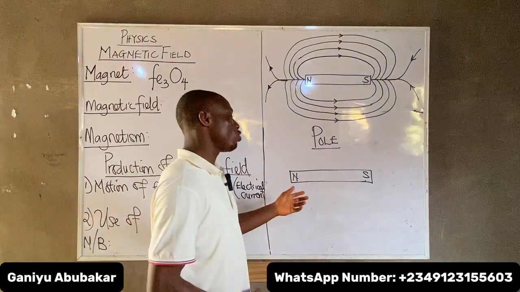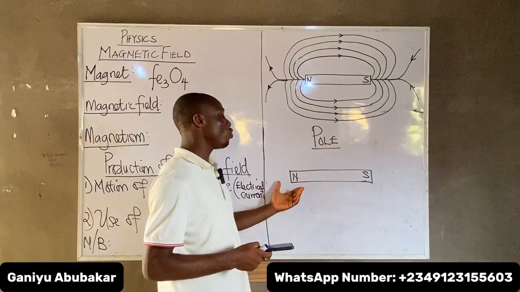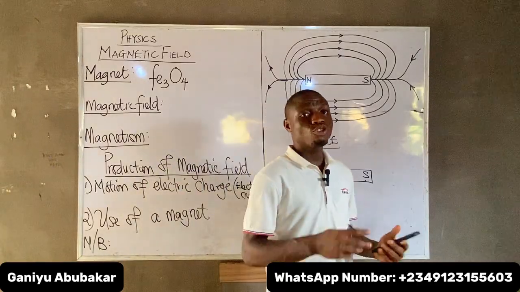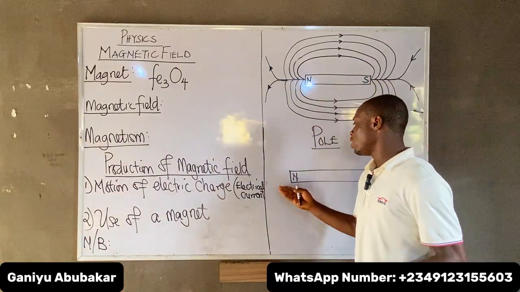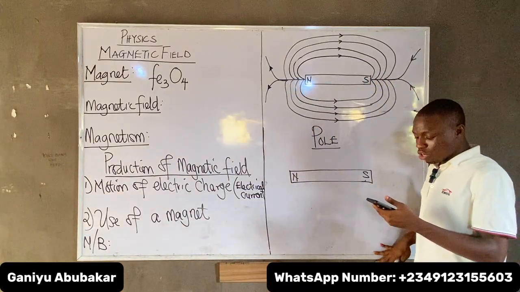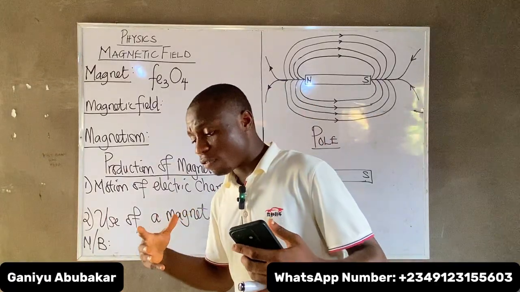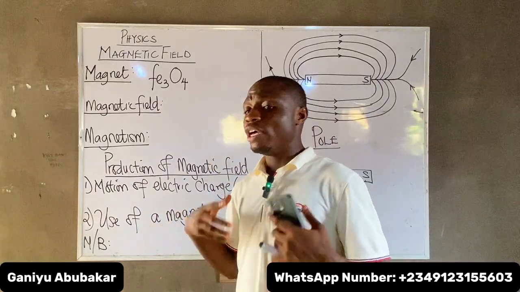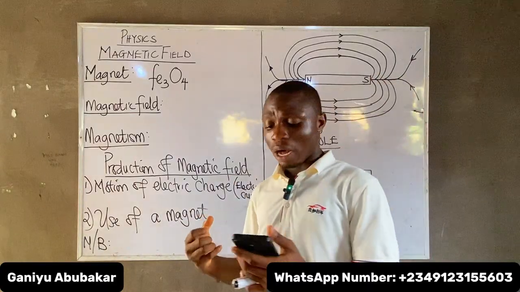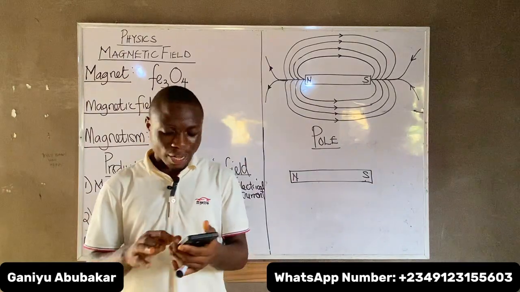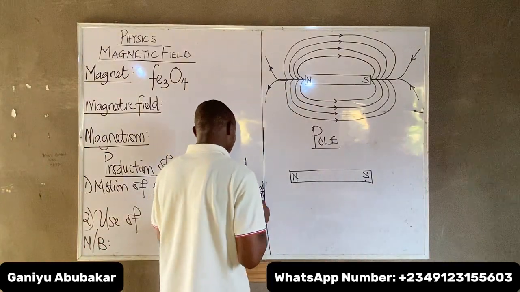There are two poles in a magnet: the North Pole and the South Pole. So don't forget that a pole is where magnetic force or magnetic field is being experienced more or is being produced out.